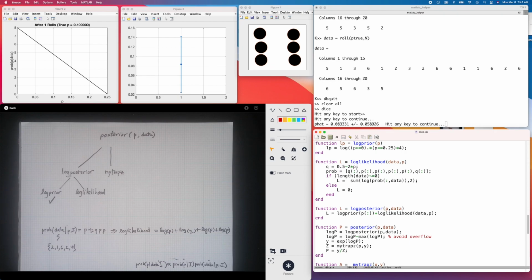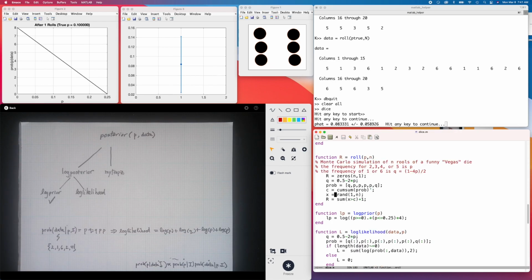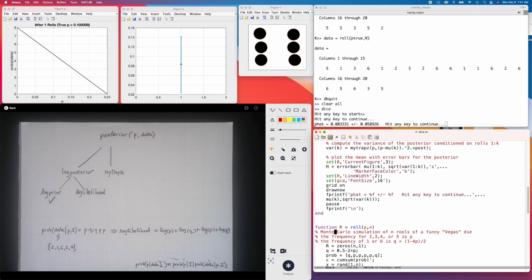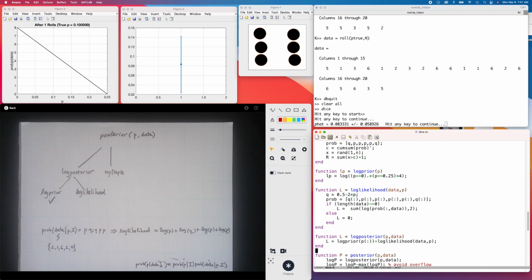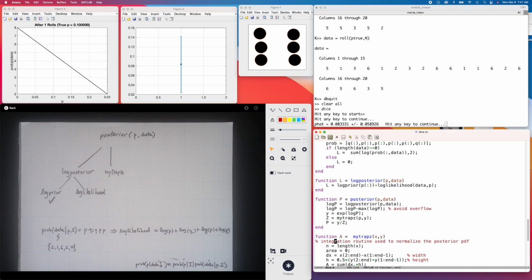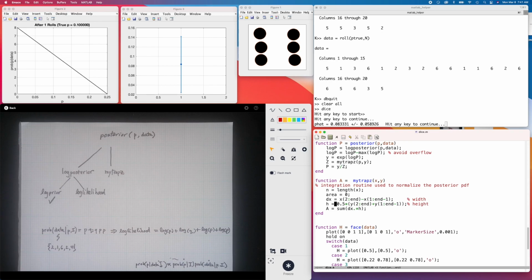And then this gets passed to log posterior, adds on to the log likelihood, feeds it back into posterior, posterior normalizes and plots it. And that's all there is to this code. I can show you the other subroutines. We've looked at roll already. This is the loop, log prior, log likelihood, log posterior, the posterior, and this is a little trapezoid rule integration.